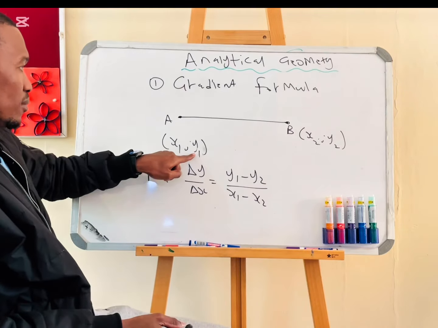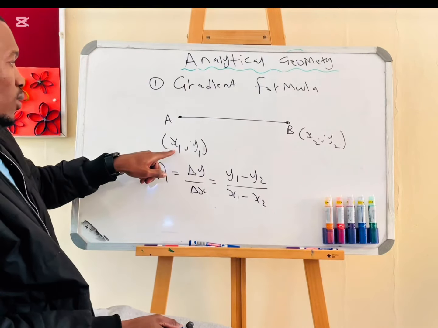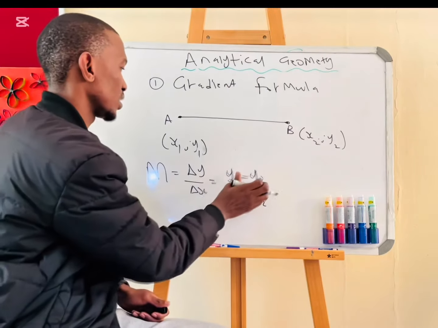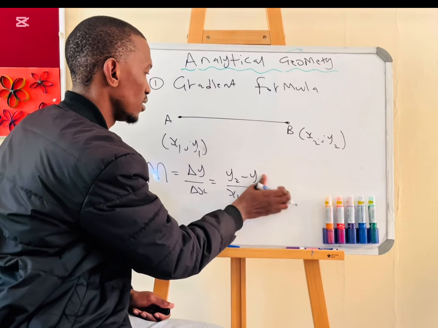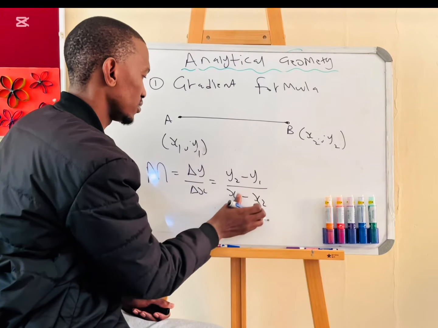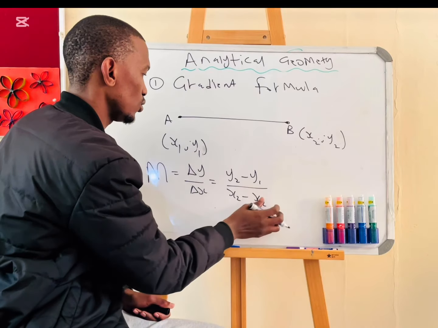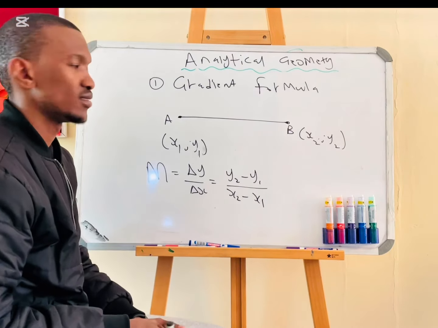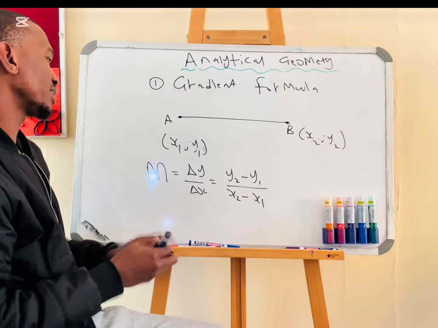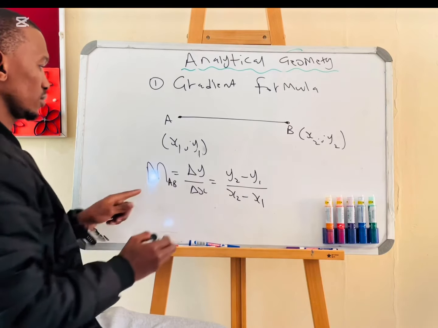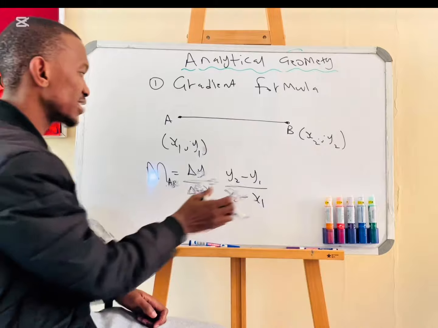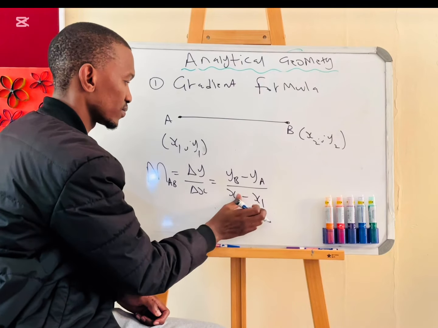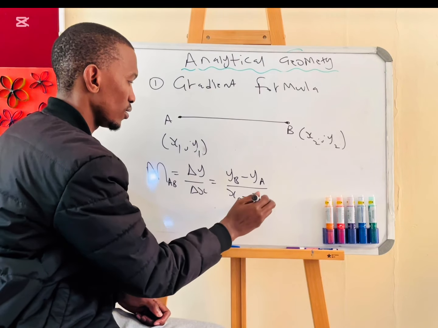So y1 minus y2, x1 minus x2. You are still allowed to start with the points of B. You can still say y2 minus y1, x2 minus x1. You are allowed to. Still okay. Remember, this is the gradient of AB. Then someone can say, am I allowed to say B and then A?